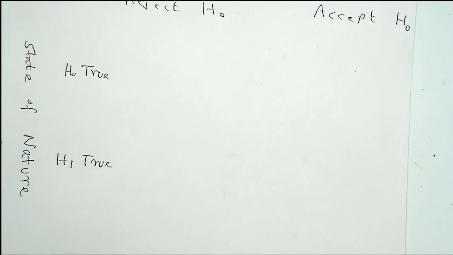State of nature is something beyond us; we don't know it. It is something controlled only by God, right? God knows whether H0 is true or H1 is true. We are only human beings. We don't know, right? So there are only two: either H0 is true or H1 is true.